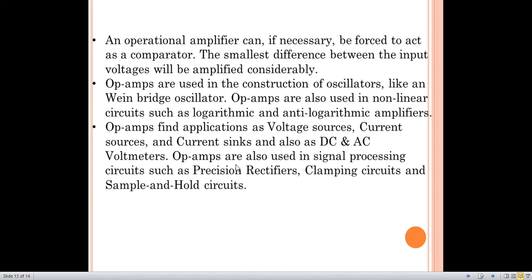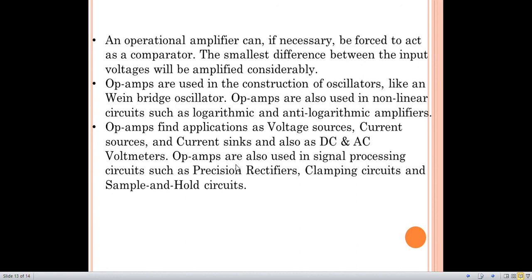We can compare the small difference between the input voltages by using an operational amplifier. We can construct our Wien bridge oscillator using operational amplifier. Along with this, operational amplifier can be used in nonlinear circuits such as logarithmic and anti-logarithmic amplifier.